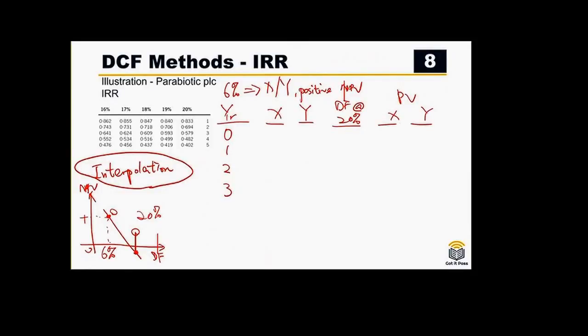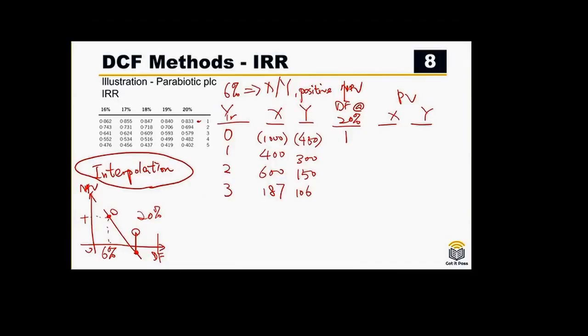We do the same thing: discount the cash flow and find out the numbers. All these numbers are from the question, so I just write them down. The discount factor for 20%, for year 0, is 1. It's no doubt 1.